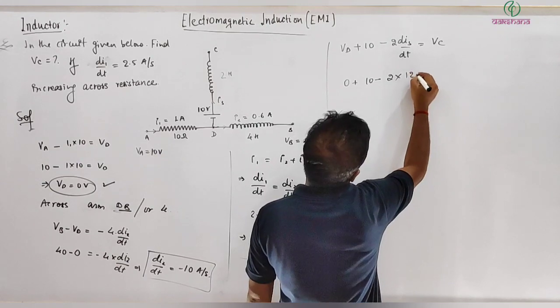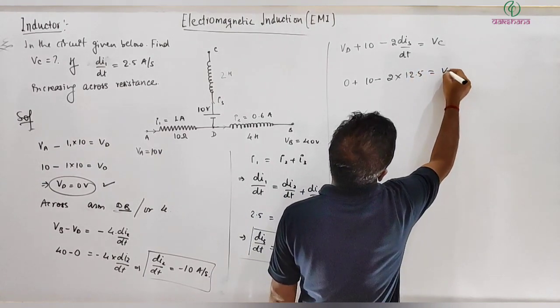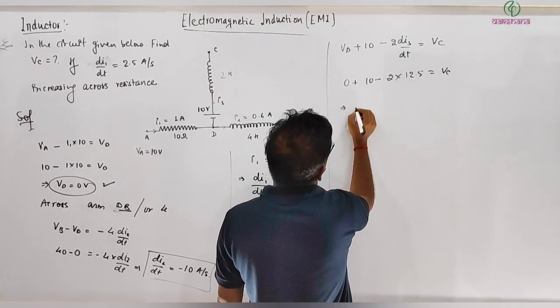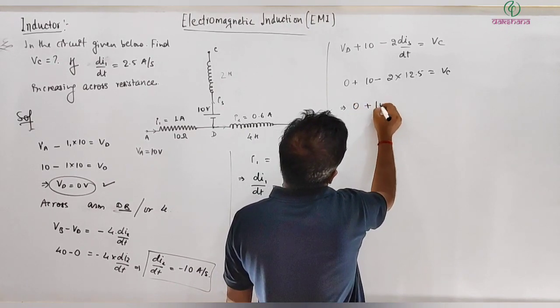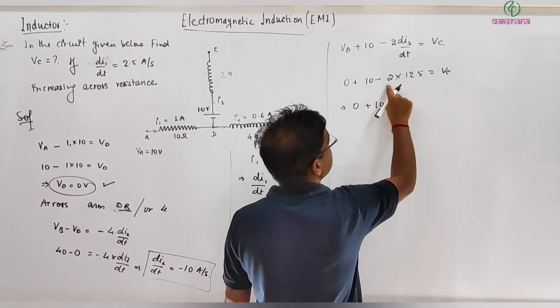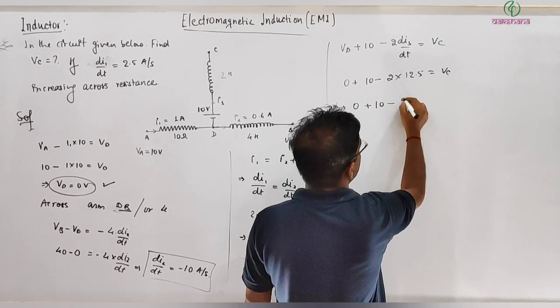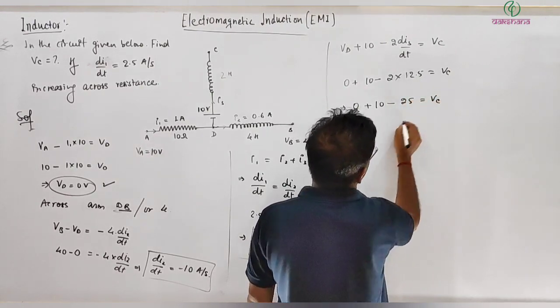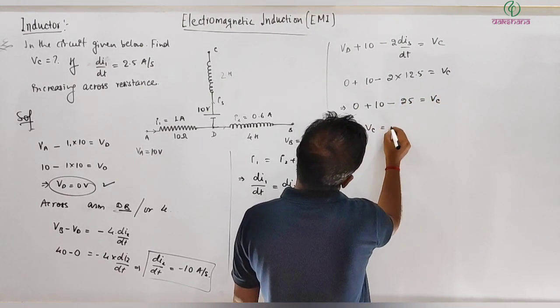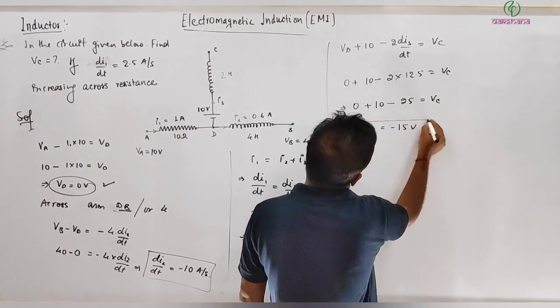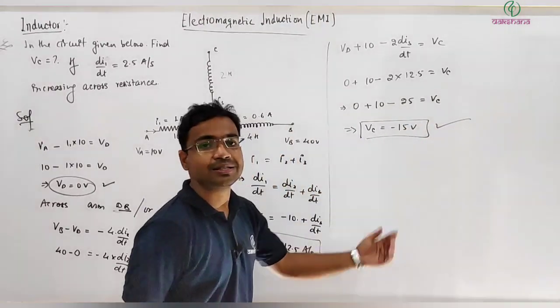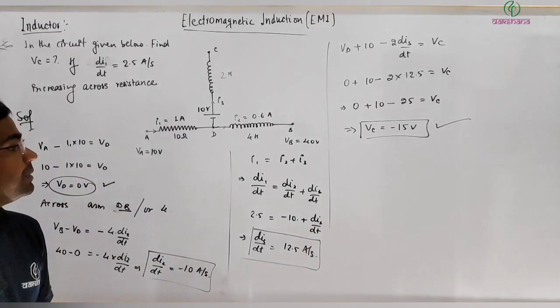So it's plus 12.5 equal to VC. So this implies I am getting 0 plus 10 minus 25 equal to VC, and this implies VC is equal to minus 15 volt. So this is the answer. I hope you understood this problem also.